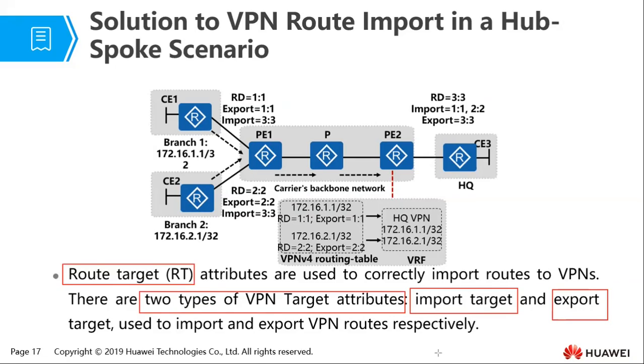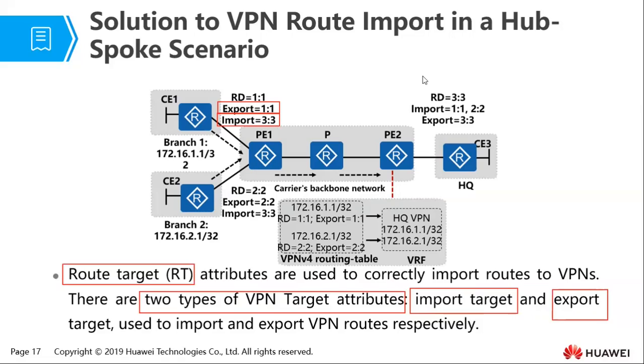So let me explain what is happening here. Here we have set the export route target to 1:1, and the import to 3:3.